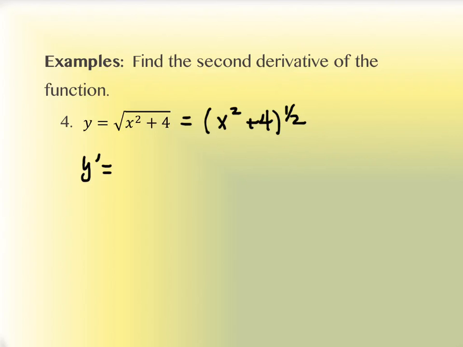All right, so using the chain rule, somebody tell me what you get. Good. Now taking a look at this, we can do one simplification before we go on. We don't need to put that 1/2 back in the denominator because we're just going to take another derivative, right?